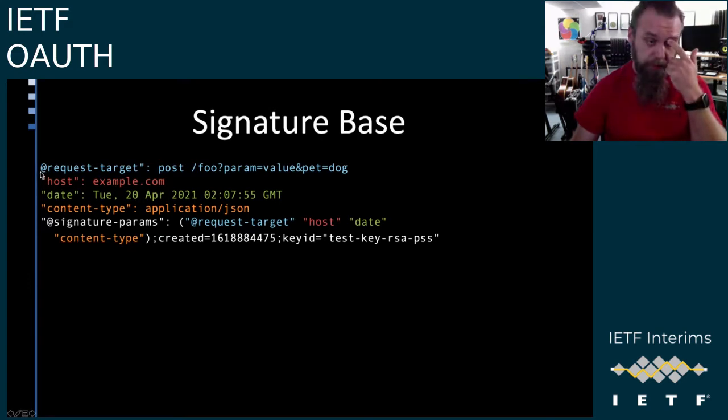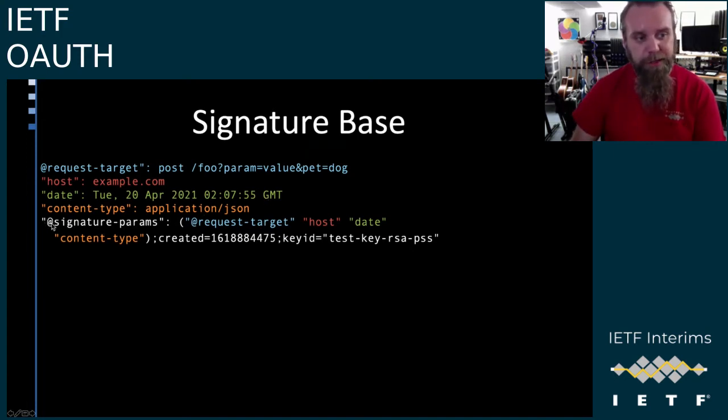So none of these request signatures will actually validate because there's supposed to be an opening quote there, but we'll pretend that's there. The @request-target means that I've got my verb, I've got the URL that I'm going to, and the host header with the header value, the date header with the header value, same with content type.